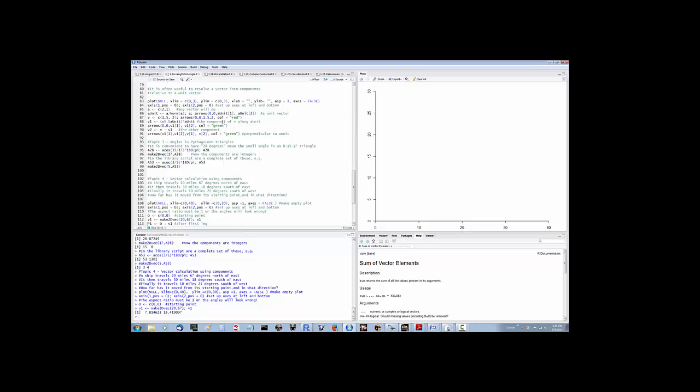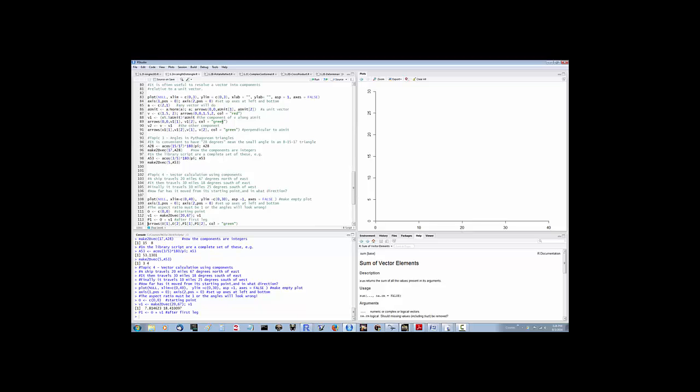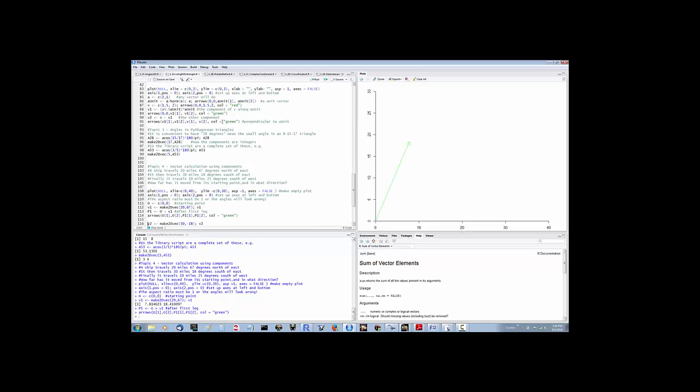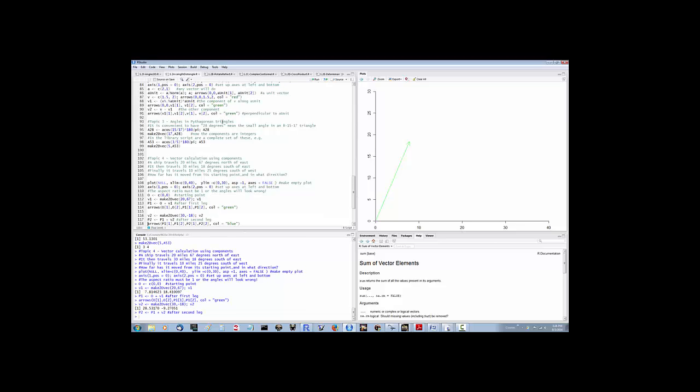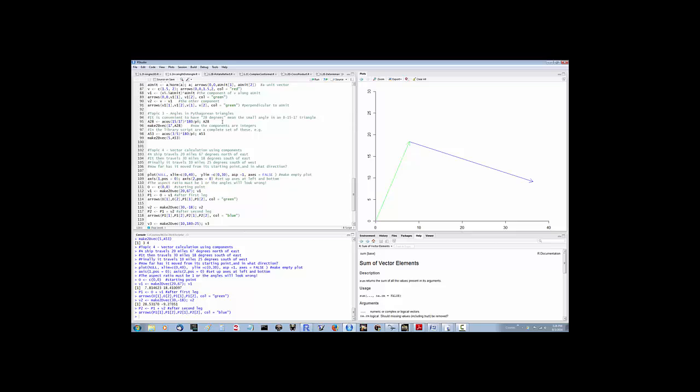I will add that vector on to my starting point O and plot the first leg of the journey. I'll make a vector out of length 30 and direction minus 18 for 18 degrees south of east. Add that on to P1 and plot my location after the second leg of the journey.